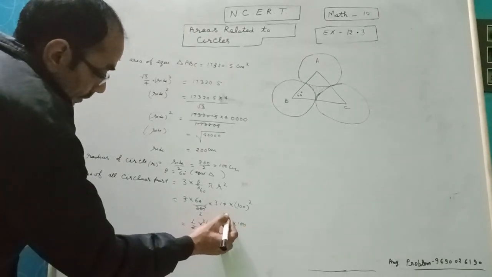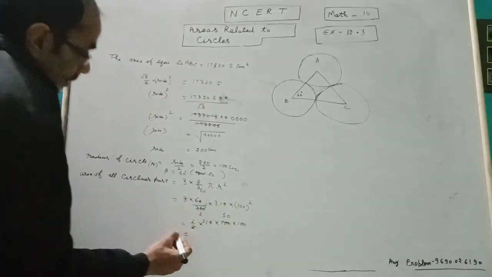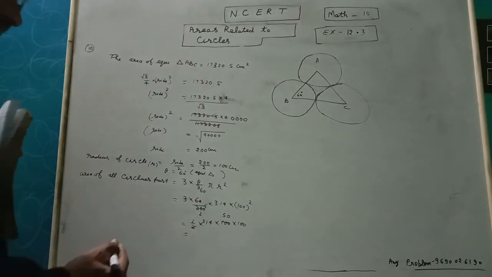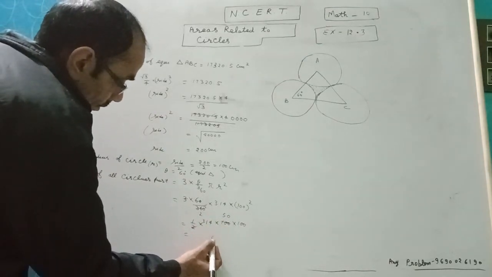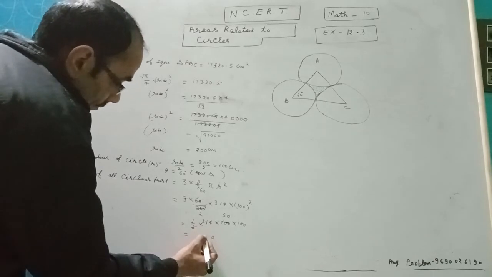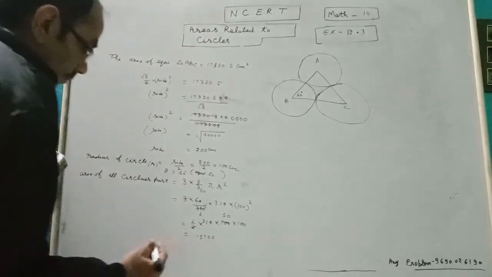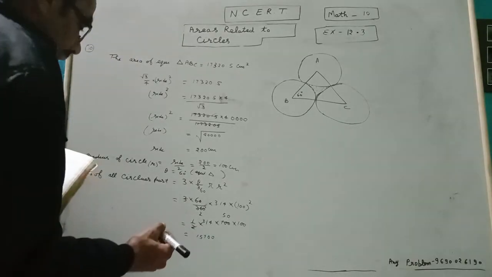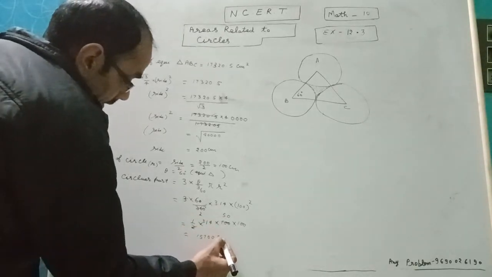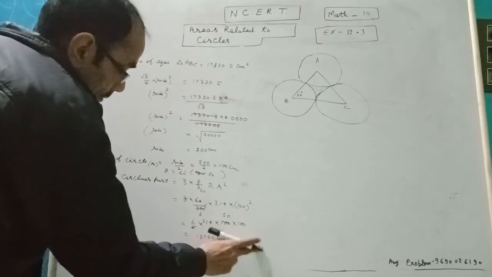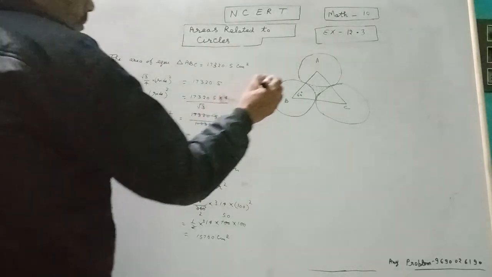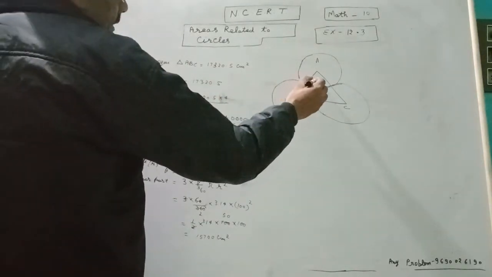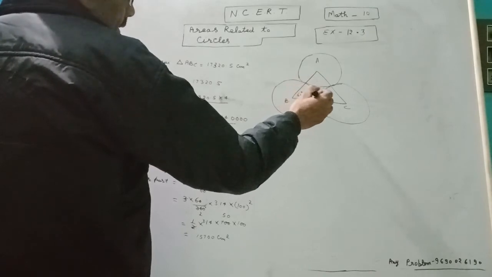After dividing it is 50 and after multiplying we get 15700 cm square, the area of the circular part. All the circular parts: this area, this and this.